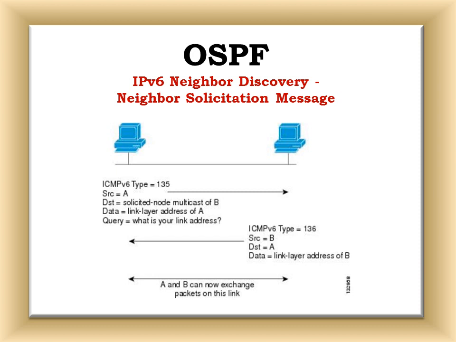Now, the IPv6 neighbor discovery neighbor solicitation message. We could see in the diagram that the whole point of the two computers making the connection is to exchange packets. So they're going to exchange packets on this link. The computer on the left side is source A, and the computer on the right side is source B. They send a solicited node multicast of B, with the link layer address of A, and ask what is your link address?